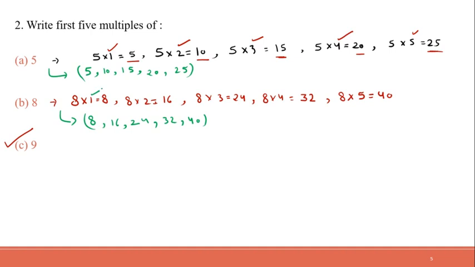We have taken only till 5 because the question is asking for the first 5. If the question asks for the third multiple of 8, what will we do? We'll check 8 into 3. The third multiple of 8 will be 8 into 3, 24. If the question asks for the fourth multiple of 5, 5 into 4, 20.